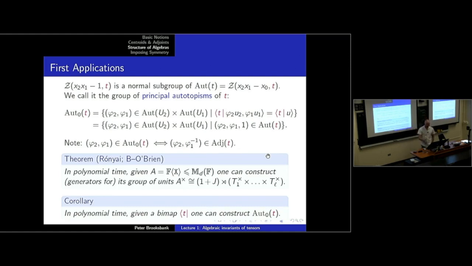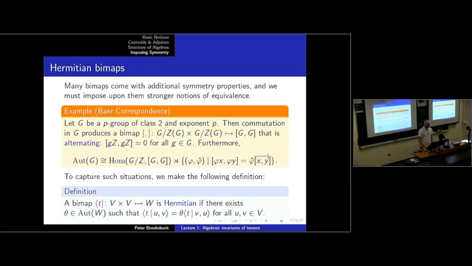Okay. I think what I want to talk about now is symmetry. Is that right? Yes. So in Josh Grochow's talk yesterday, he very briefly mentioned this thing called the Baer correspondence. So some of the tensors that you are confronted with in practice, some of the things that you care about, they come equipped with an additional kind of symmetry. Okay.